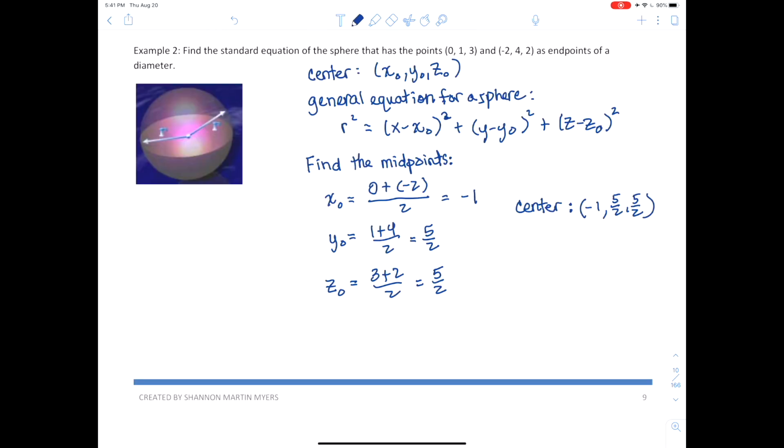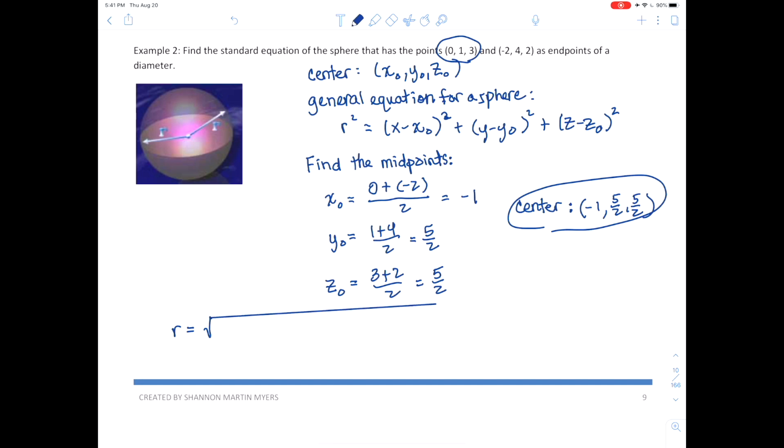Now we only need to use the center and whichever one of the ordered triples that we were given to find r. So let's go ahead and use the center, and this first one has a 0 in it, so we'll use those two. So r is the distance between those two ordered triples. So what we're going to find is that r will be the square root of (0 minus -1) quantity squared.